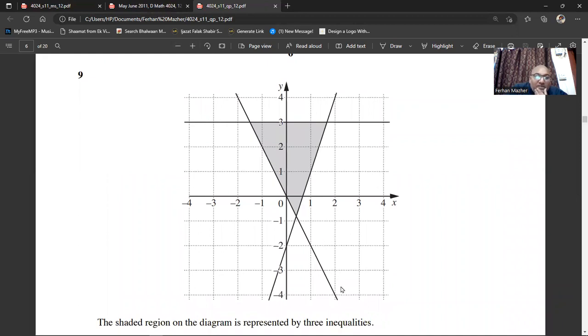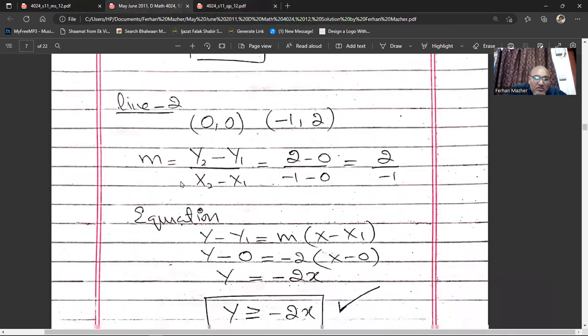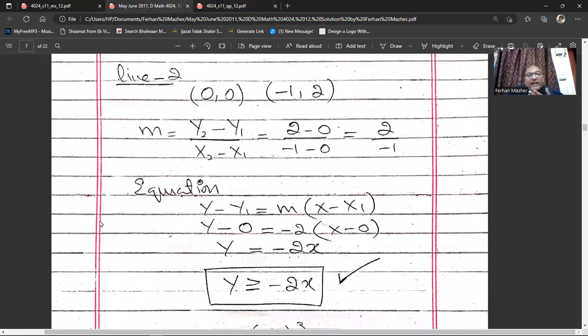The other line will be this line. So I will take 2 points on this line, for example, 0, 0 and minus 1, 2.